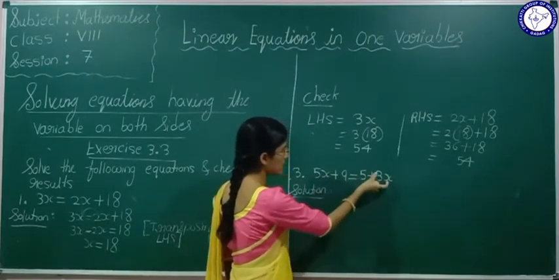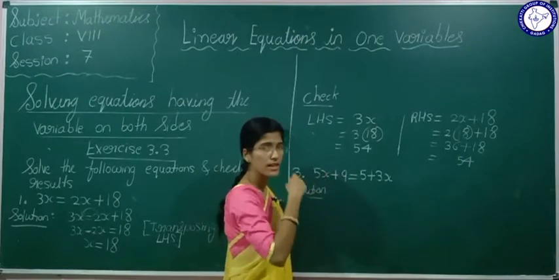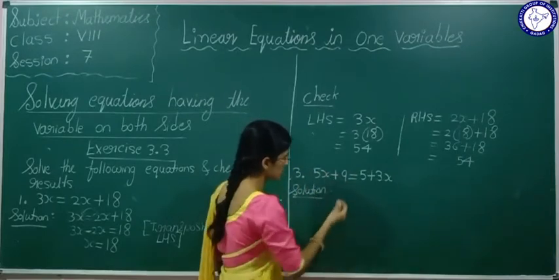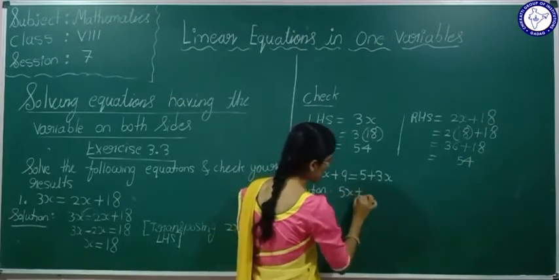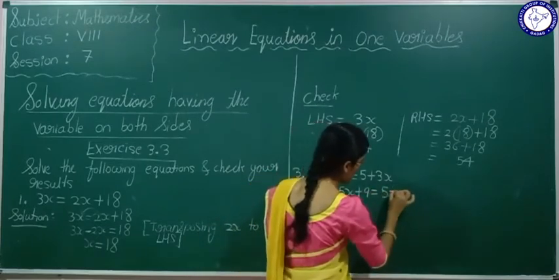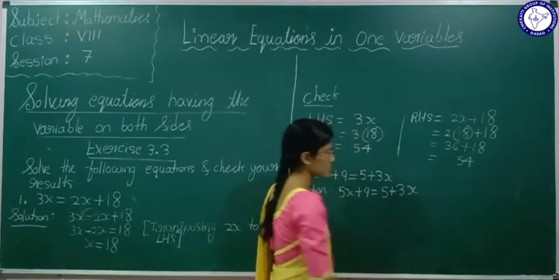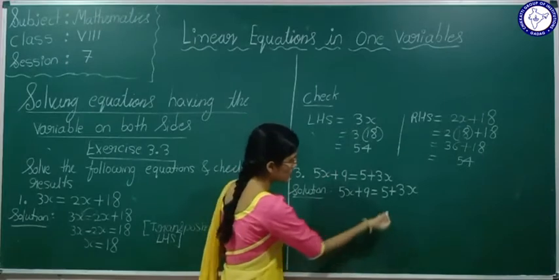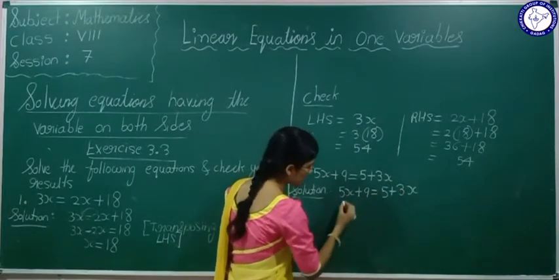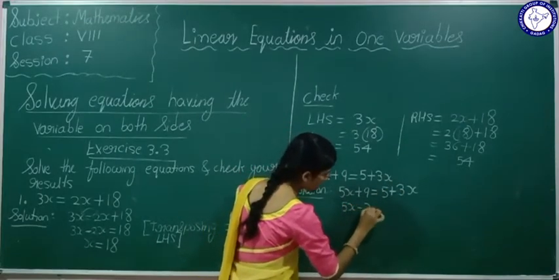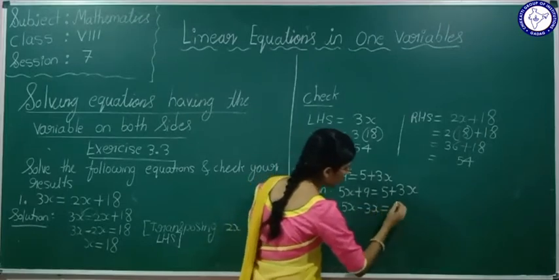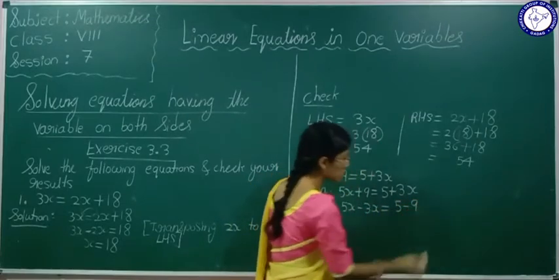Same thing, take variables on one side and the constants on the other side. Take variables on one side, that is 5x minus 3x is equal to 5 minus 9.